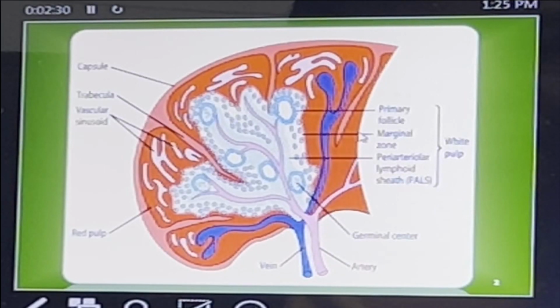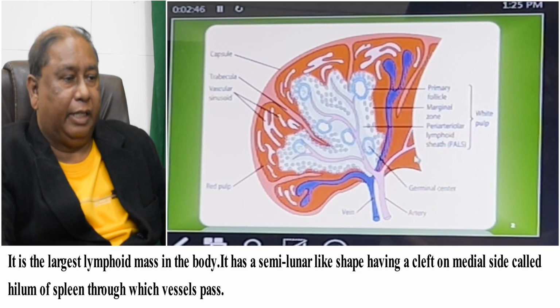So spleen, it is the largest lymphoid mass in the body. It has a semilunar shape, like the crescent, having a cleft on the medial side. See, here is a cleft in the medial side, which is called the hilum.